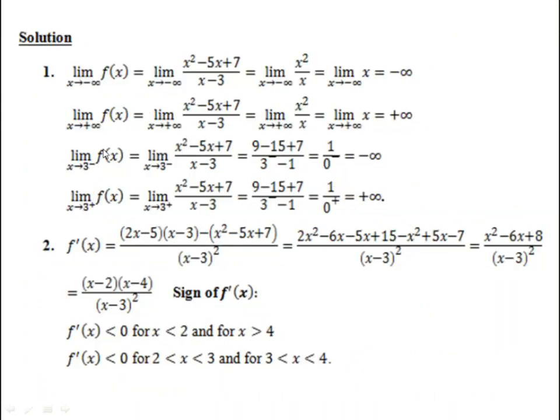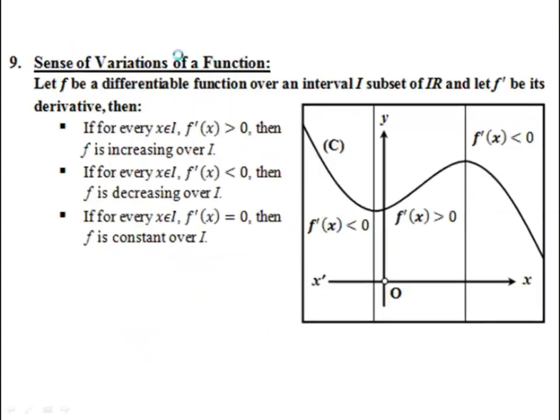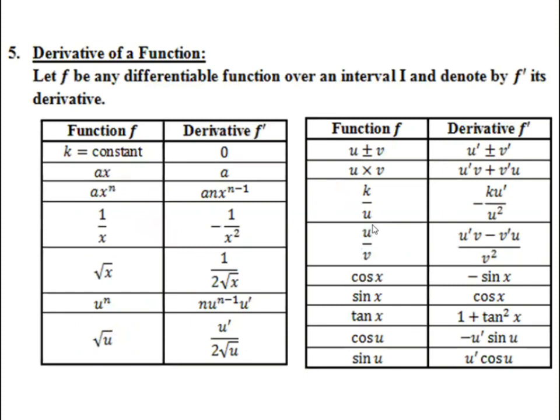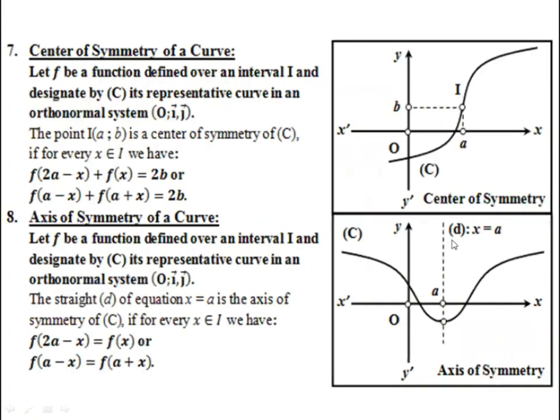Now for the derivative, finding f prime. Here the form of f is a quotient u over v, so we will use this formula. The derivative of u over v is u prime v minus v prime u, all over v squared.